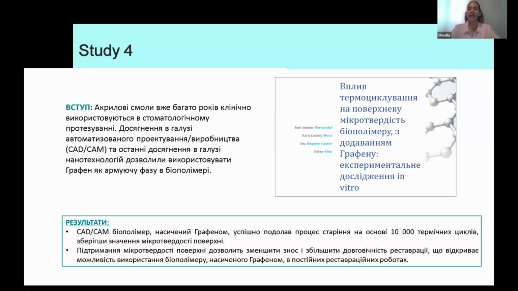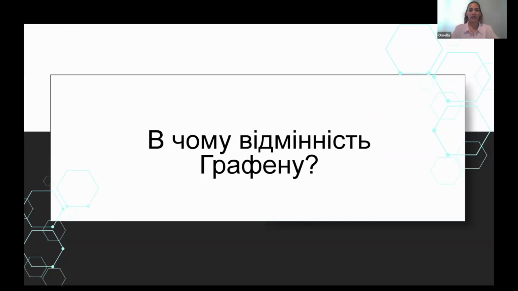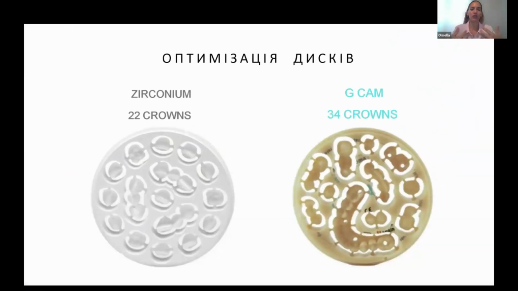So we need to make the difference between how long my material is stable when we check mechanical, chemical, and biological properties, and, in another way, knowing how to use the product, okay? So which is going to be the best way to apply the graphene, and which is going to be the advantage of the product.